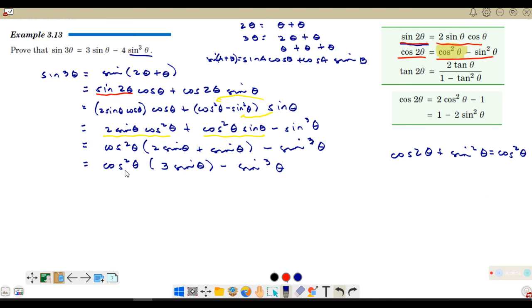So, substitute natin yung value na cosine 2 theta plus sine squared theta dito sa cosine squared theta natin dito sa dulo. This is now cosine 2 theta times, kulang pa, plus sine squared theta, itong buong to, multiplied by 3 sine theta.